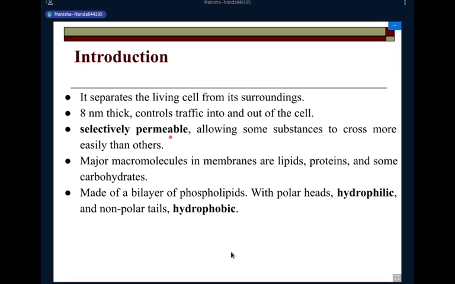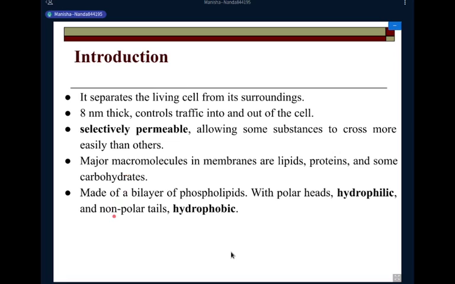Now, the major components that form this membrane are lipids, proteins, and some carbohydrates. These are the three basic molecules that are organized in different compositions in different living membranes, and that impart different properties to the different types of membranes.